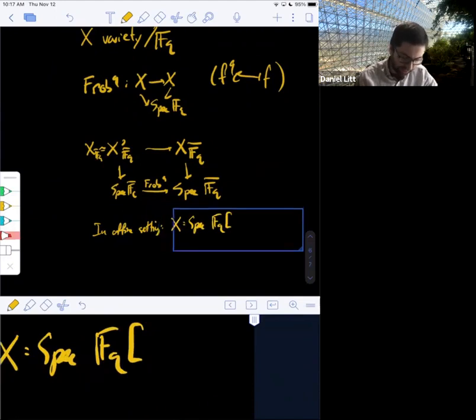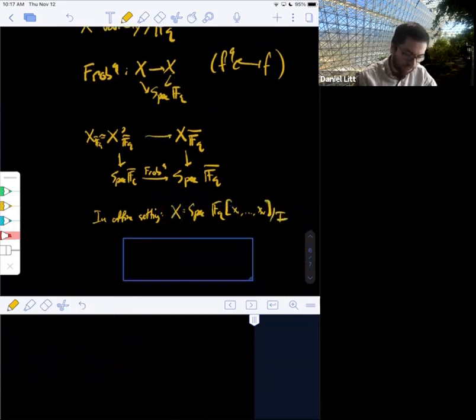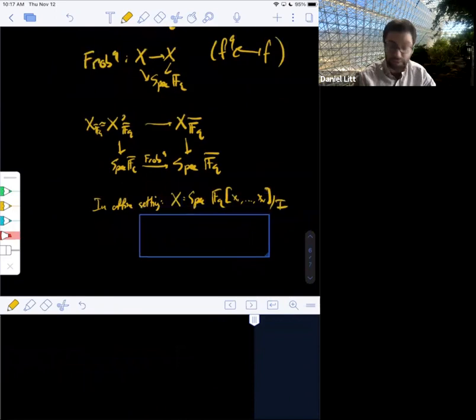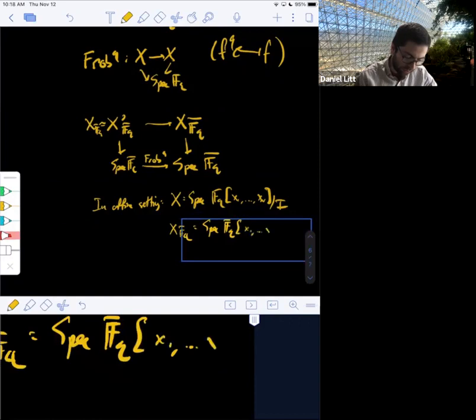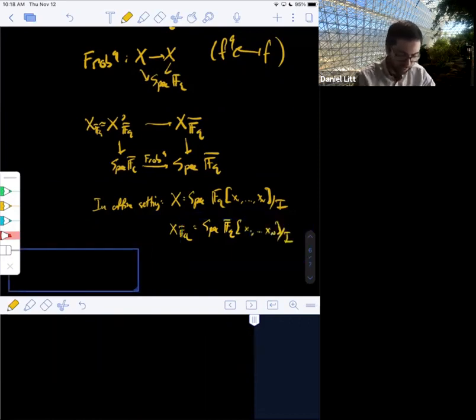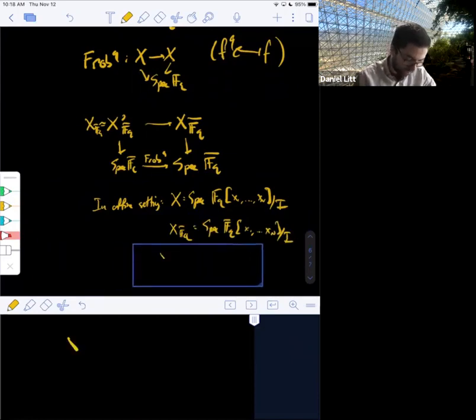So suppose X is spec FQ X1 through Xn modulo some ideal. So X FQ bar is just what we get by tensoring this with FQ bar. So we get spec FQ bar X1 through Xn modulo the ideal obtained by extension of scalars. So then what's X prime?